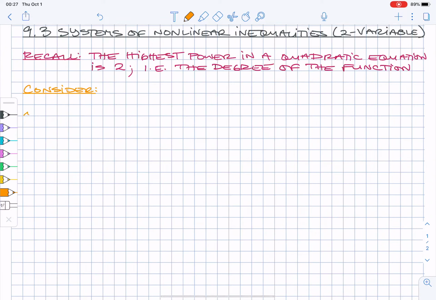So case 1, let's say we have a line and a parabola. So what are all possible orientations of the two? So let's go ahead and draw a parabola.